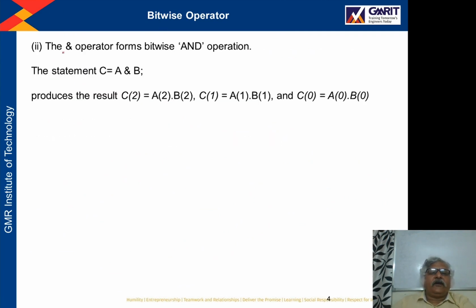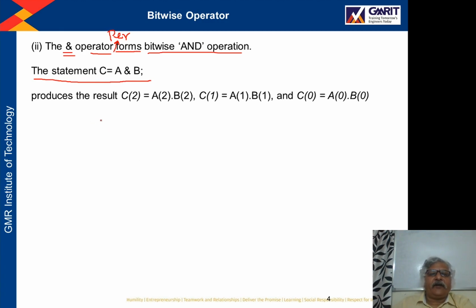Now we see this ampersand operator. It performs bitwise AND operation. So we take one example. Let the statement be C is equal to A ampersand B, right?